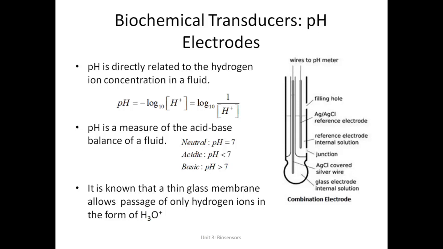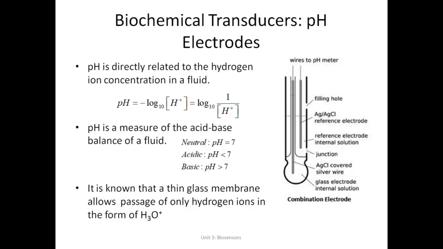the AgCl covered silver wire, when coming in contact with the hydrogen ions, the current that develops is proportional to the hydrogen ions that have entered this solution from the bulb, which was acting as a semi-permeable membrane. So it completes the circuit, a current starts flowing, and we can measure how much potential this AgCl covered silver wire has developed with respect to the reference electrode.